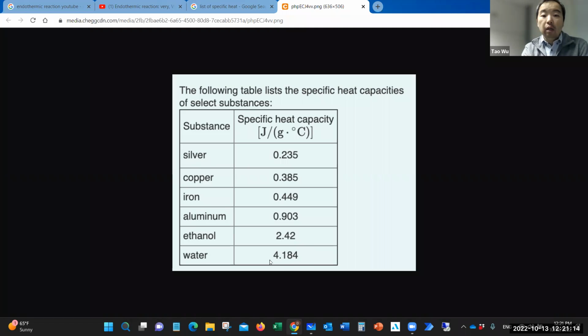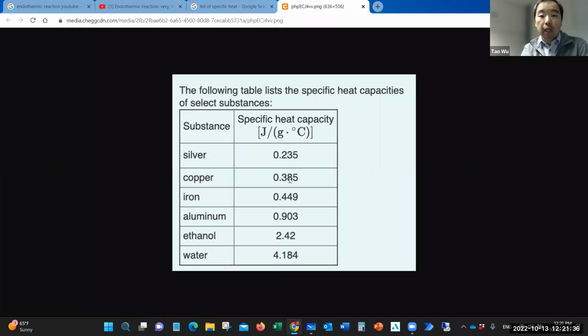But what does the big number 4.184 mean? I need 4.184 joules of energy to raise 1 gram of water by 1 Celsius. Compared to silver, water needs more energy to increase 1 Celsius.